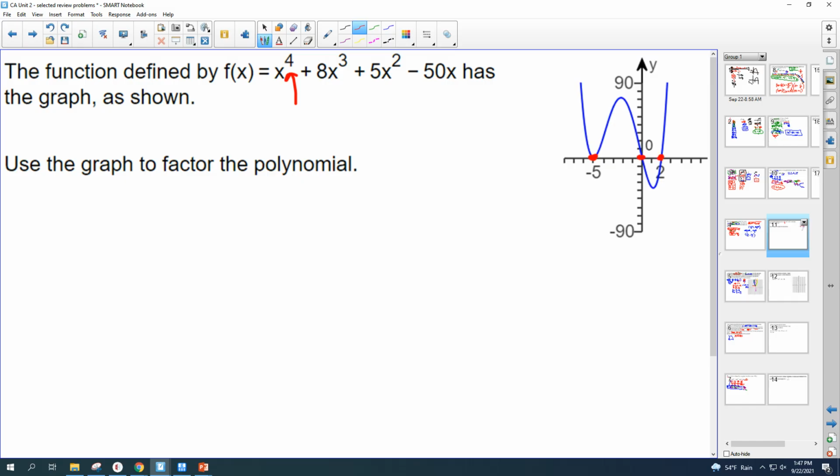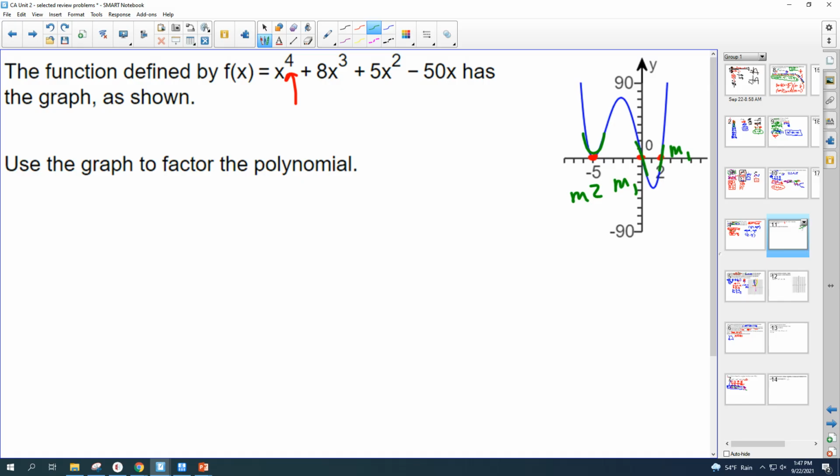But this is a problem where you want to think about multiplicities. Since this thing bounces and looks like x squared here, that means a multiplicity of 2, or it's repeated. And this looks like a straight line, so that's just a multiplicity of 1, as is this multiplicity 1.